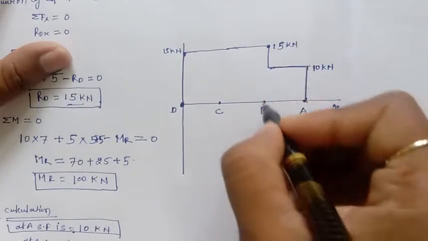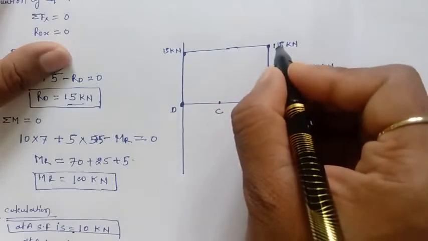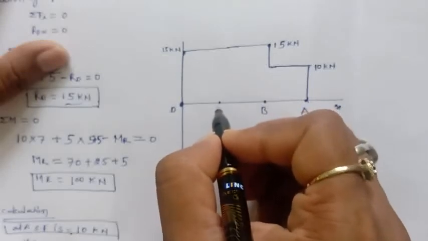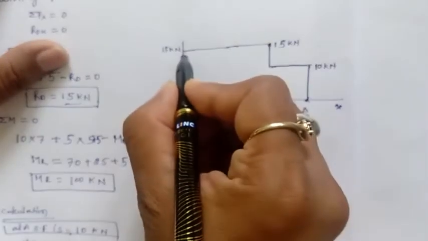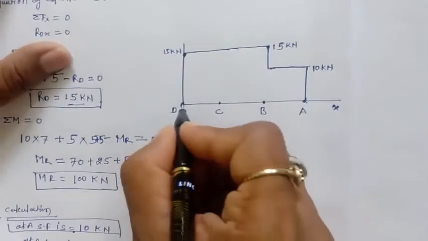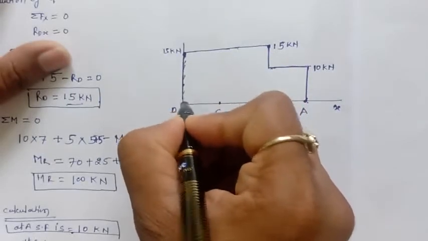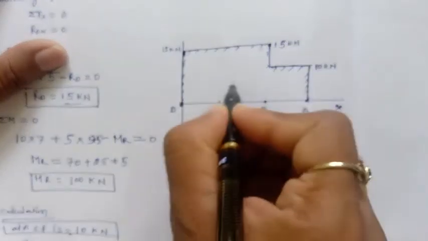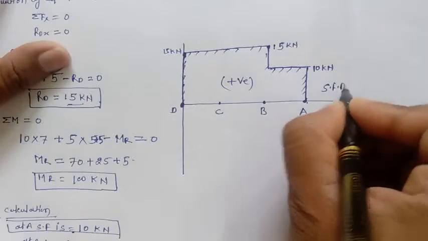Then at B it goes positive to 15 kilonewton. At point C only the couple is there, which we are not considering, only the vertical force. So a constant line will be there just before D at 15 kilonewton, and at D again it comes back to 0. This is the shear force diagram for this particular problem.